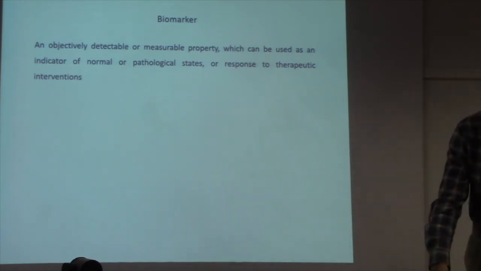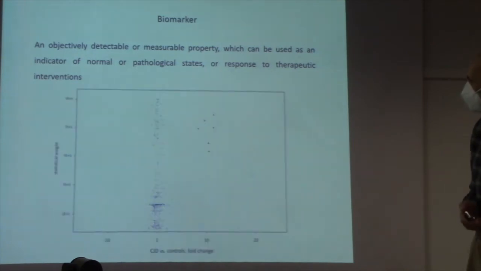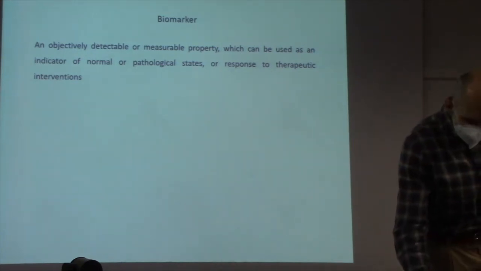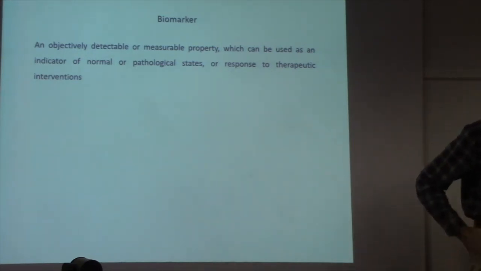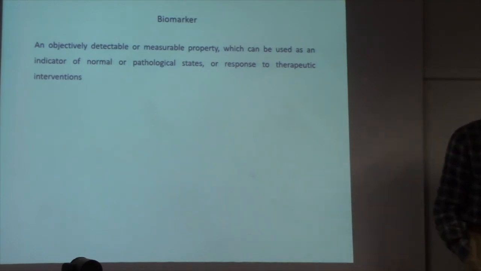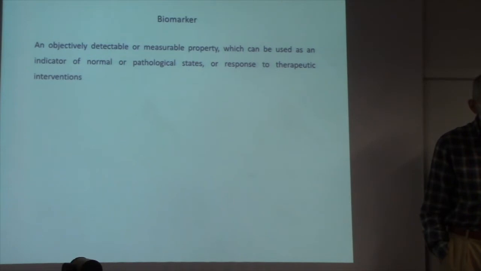So, the problem at hand in this case was to identify biomarkers for a rare disease, Creutzfeldt-Jakob disease. That is a devastating dementia that sometimes has a genetic origin or sometimes is sporadic.